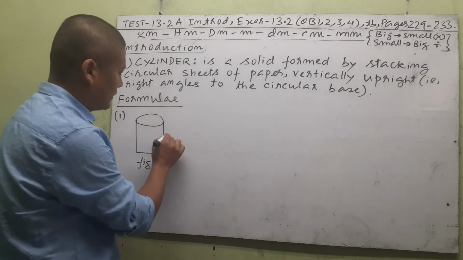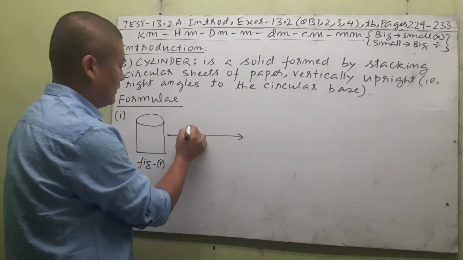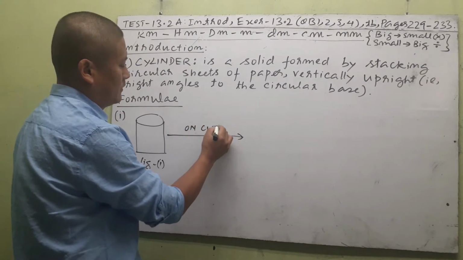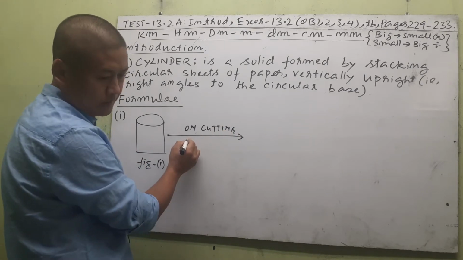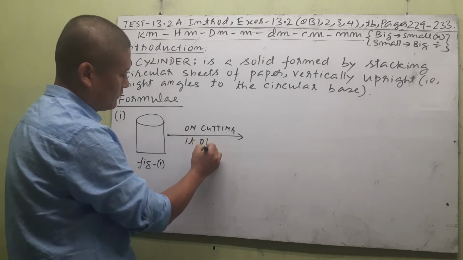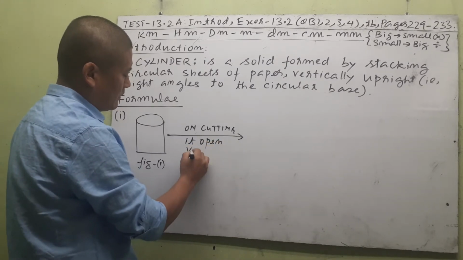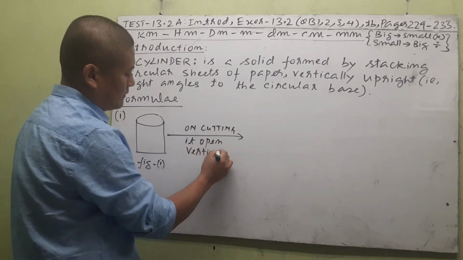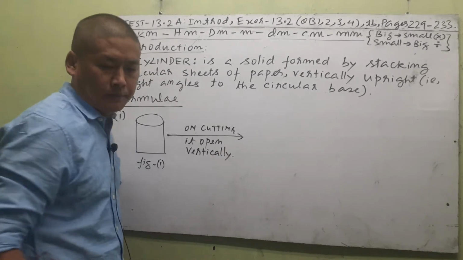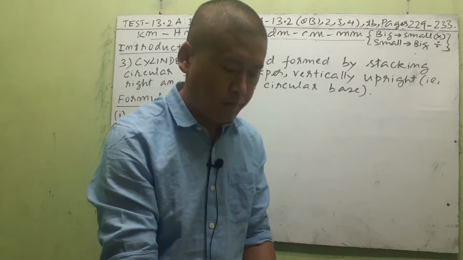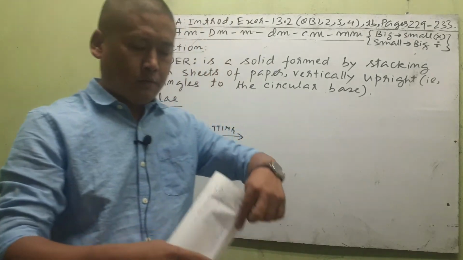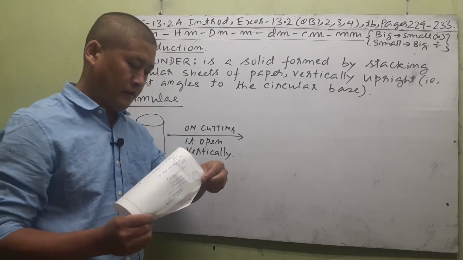Then you cut it open vertically, so write everything along with me. Vertically means this one. Suppose this is the sheet of paper. This is the cylinder, rather.